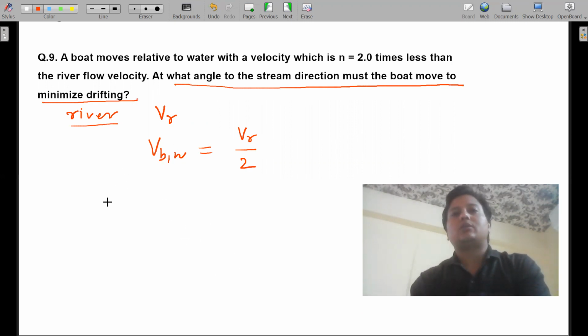As we know here, velocity of boat with respect to water is less than Vr, so accordingly we can apply the conditions.